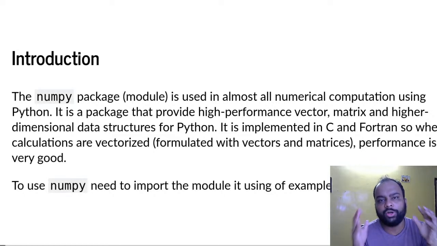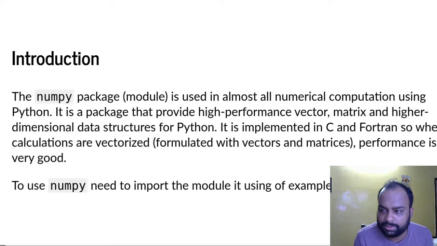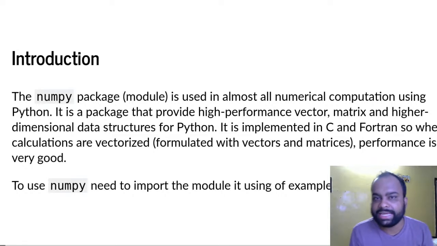So what if you want to do some linear algebra, or some computation on an array? If you create that array as a Python list, then accessing the list will be much slower compared to a NumPy array. A NumPy array is homogeneous in nature. Python lists are heterogeneous in nature.